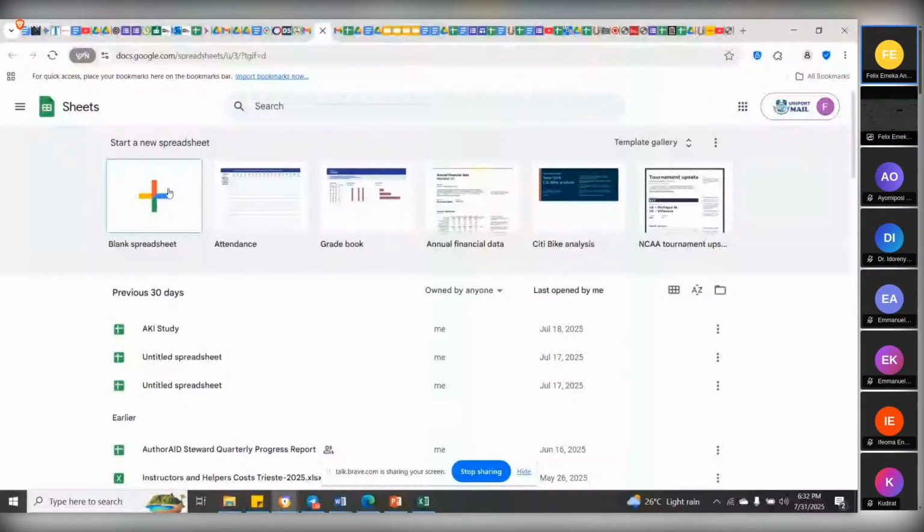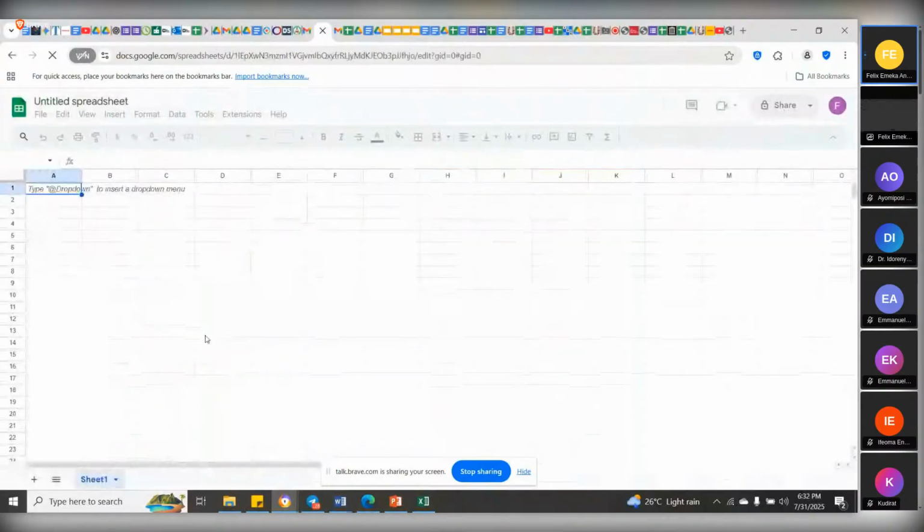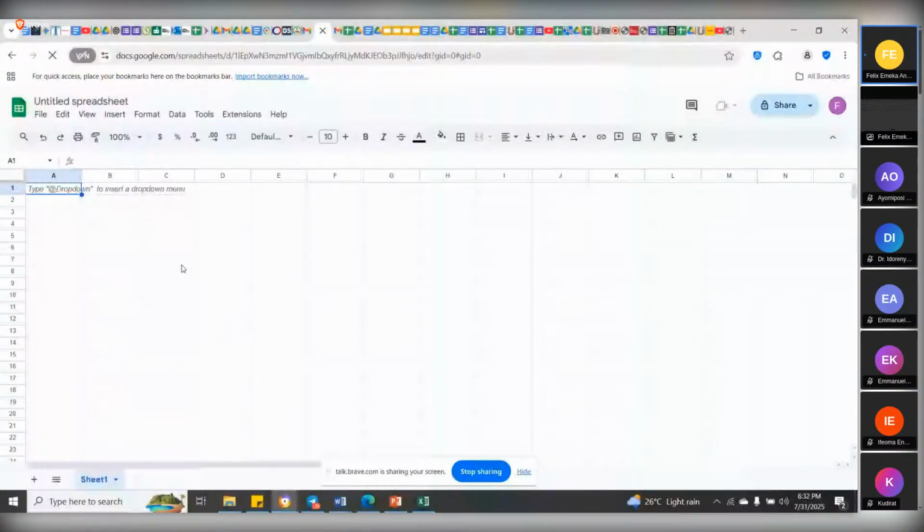Once you open your Google Sheet, you can go to blank spreadsheet. So you can click on blank spreadsheet, and this is what you have. This is blank.